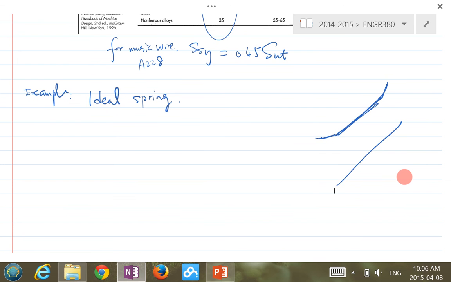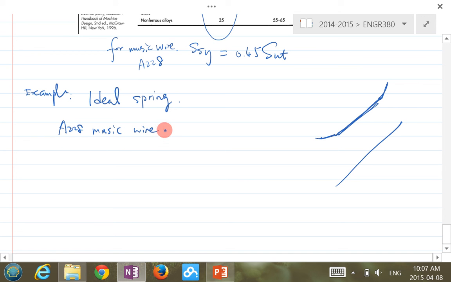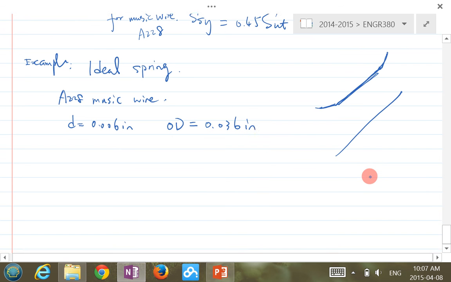So let's say we deal with the ideal spring here, and the spring's material is music wire. Small d is 0.006 inch. Outer diameter is 0.036.